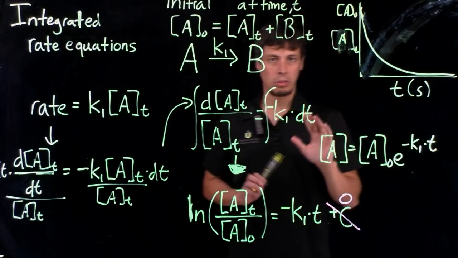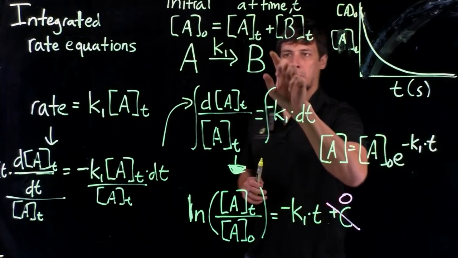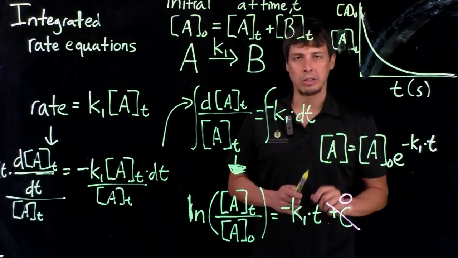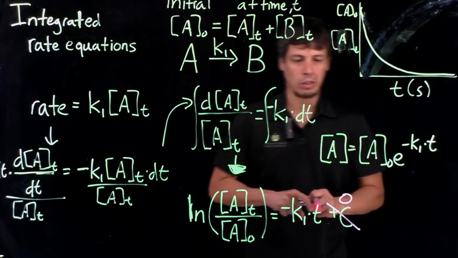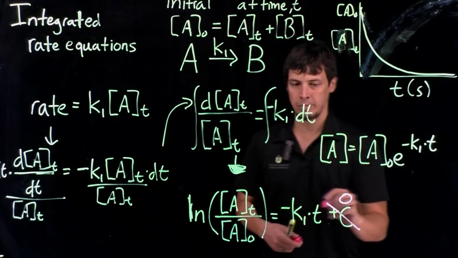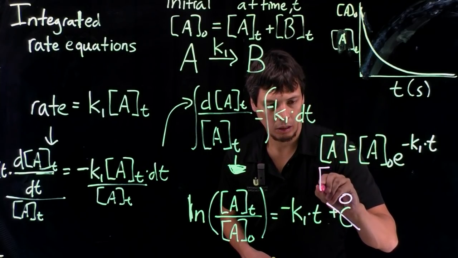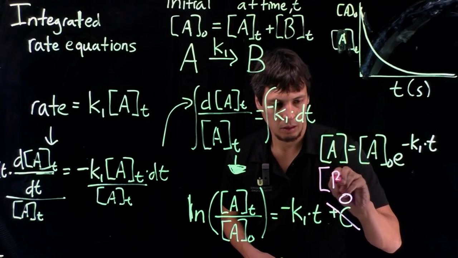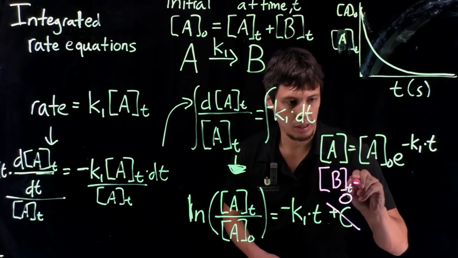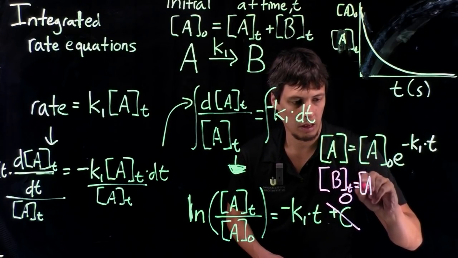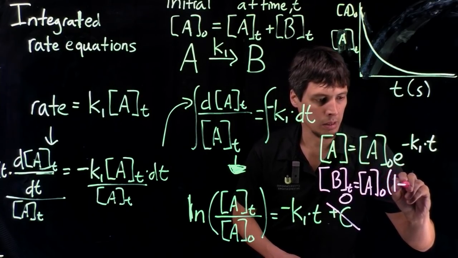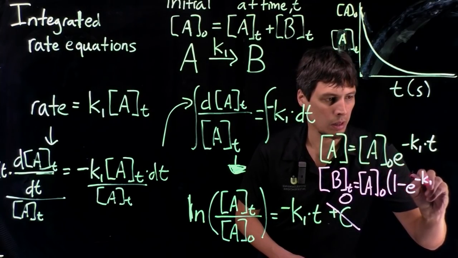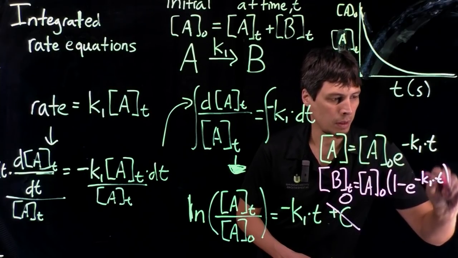As I stated before, we typically like to follow the formation of product B to avoid any interference from side reactions. So we can convert this equation to B at time t equals A naught times 1 minus e to the negative k1 times t.